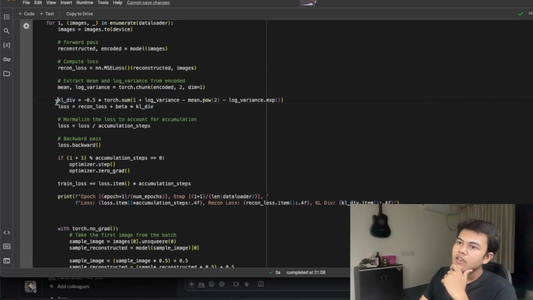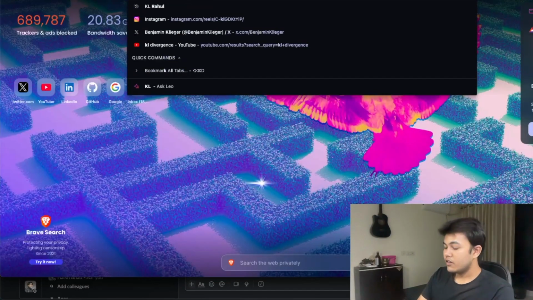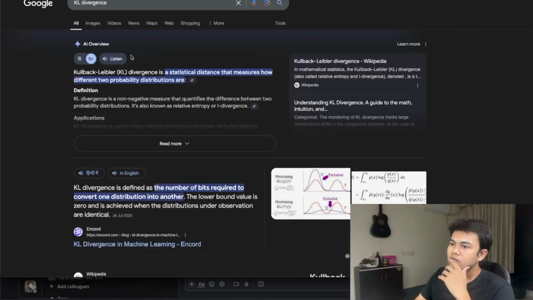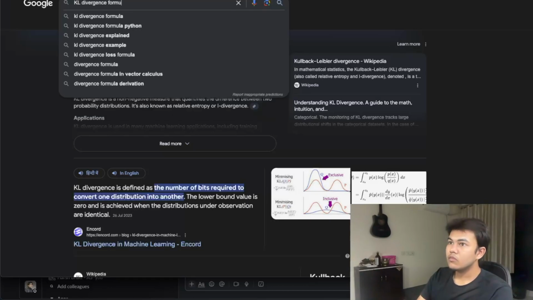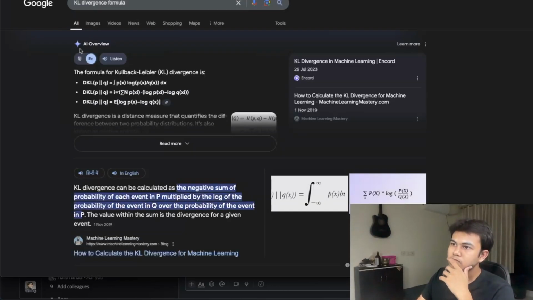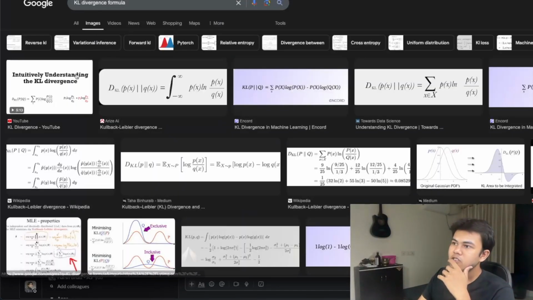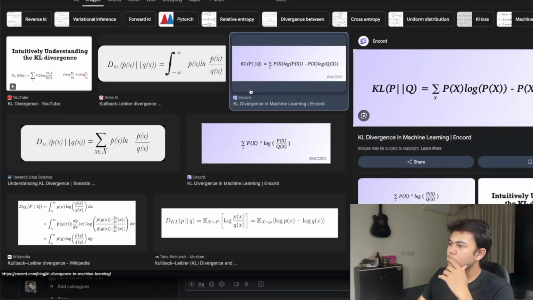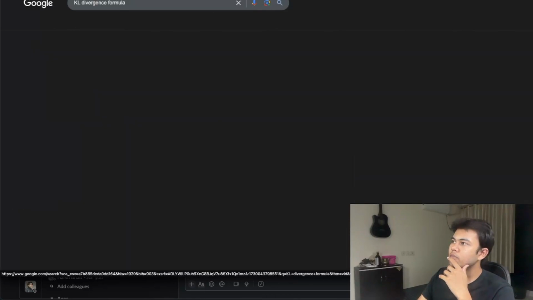So this formula calculates the KL divergence. I think you can read more about the KL divergence formula already. So this is the formula actually, and you can read more about it possibly.